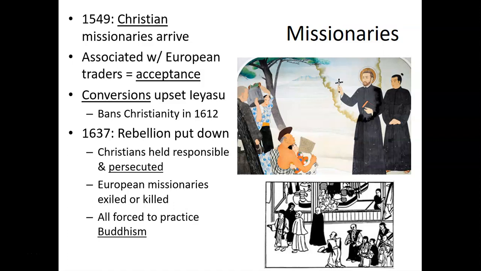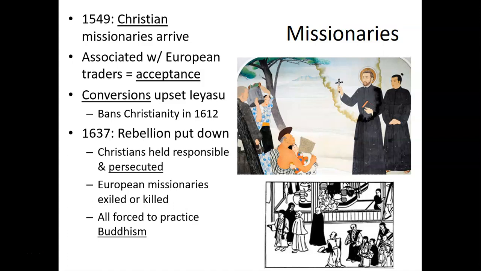Now, again, not going to get into all the causes and all the great details of the rebellion itself, but Christians, both European and converted Japanese Christians, are going to be held responsible for the cause of this rebellion by the Tokugawa, and they're going to be persecuted.